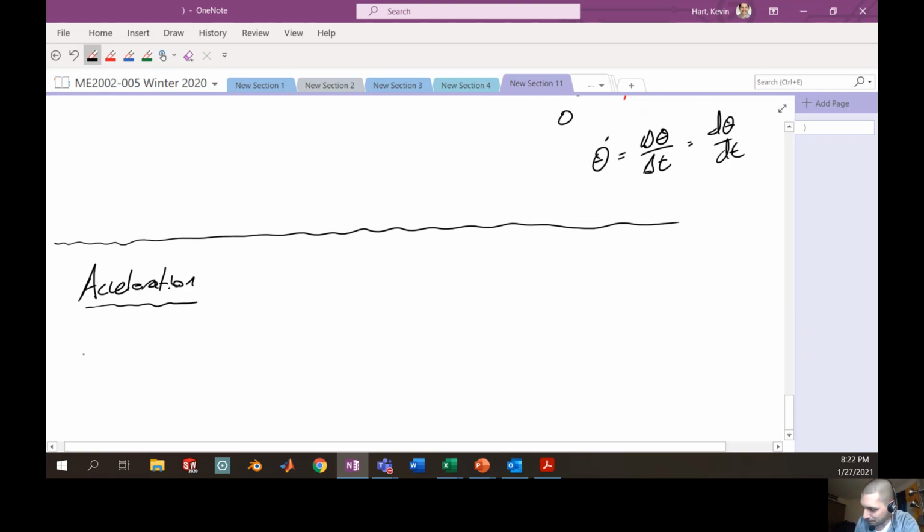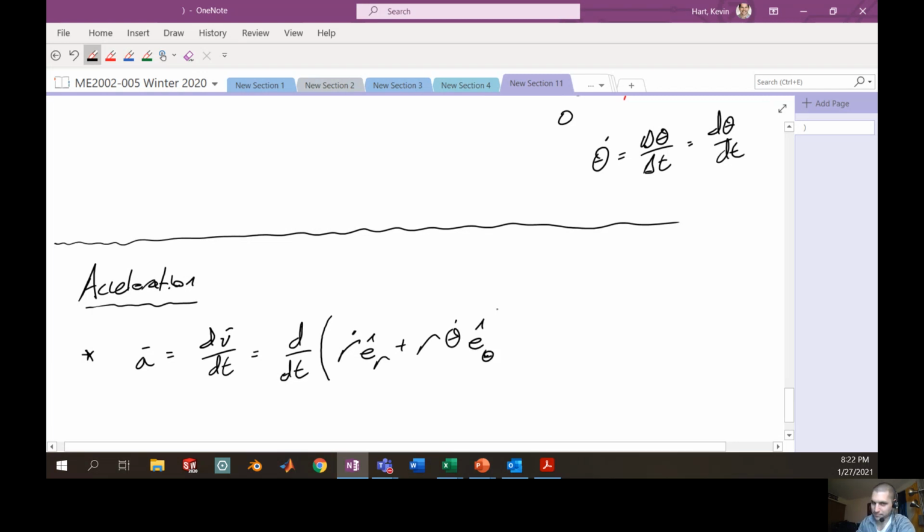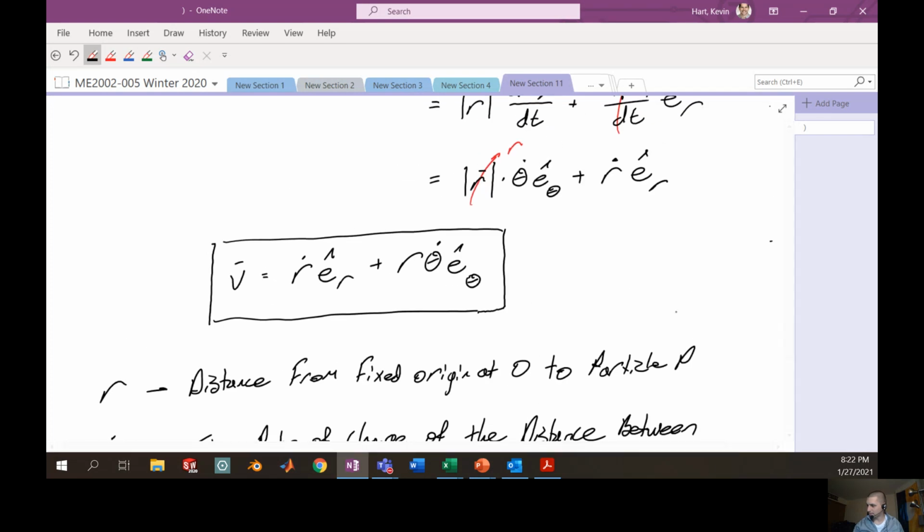Okay, so here we'll remember that acceleration is the derivative of the velocity with respect to time. I'm going to utilize my new expression for the velocity, and that is r dot e hat r plus r theta dot e hat theta. So that's my general definition of the velocity that I just defined up here.